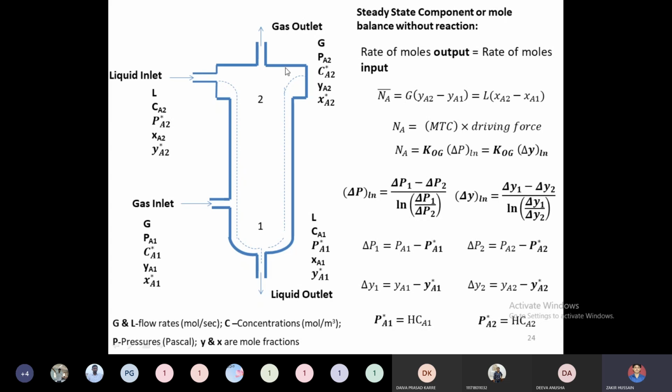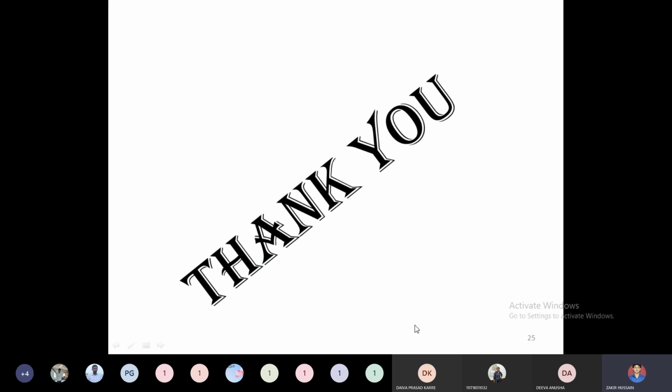The gas and liquid will flow counter current. We will use the logarithmic mean of this driving force, whether it may be a pressure driving force, a concentration, or a mole fraction. Any driving force will be taken in a logarithmic approach, so the formulas will be applicable here. In order to calculate the equilibrium partial pressures using the concentration, we will use Henry's law. So this is overall unit 1.